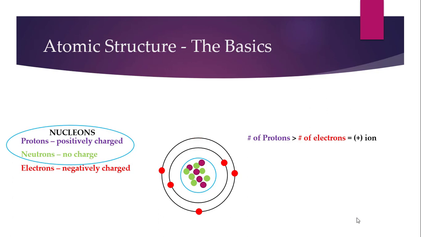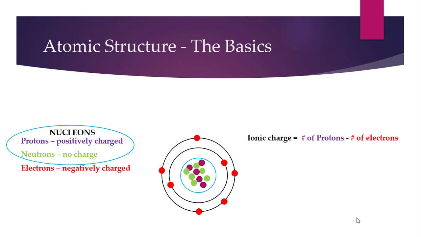If the number of protons is greater than the number of electrons, as we can see in this example, the number of positive charges is greater than the number of negative charges, so the overall charge will be positive, and that's called a cation. In this example, the number of electrons is greater than the number of protons, so the number of negative things is greater than the number of positive things, so the ion will be negatively charged, and that's called an anion.